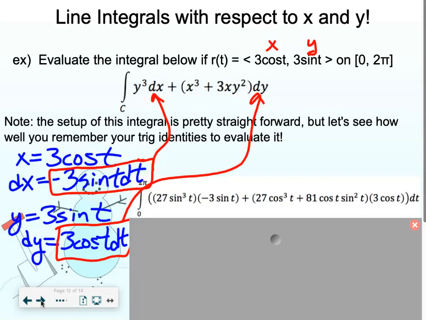And then your x is 3 cosine t, so x cubed is 27 cosine cubed, plus 3 times your x times your y squared gives you 81 cosine sine squared, and then times dy, and dy would be, if y is 3 sine t, dy is 3 cosine t dt. And then you just pull the dt's out and put them at the end.